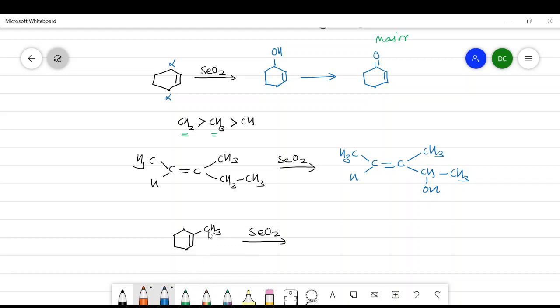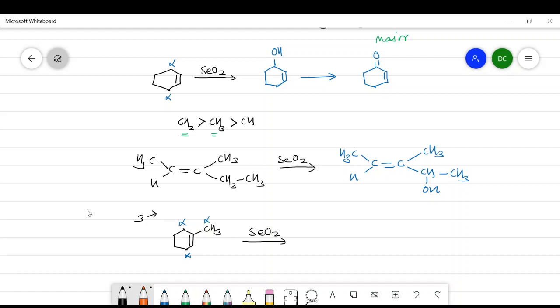Now, look at the allylic positions. Here there is a presence of CH3. Here there is a presence of allylic carbon, that is CH2. Then on this side there is a presence of allylic carbon or alpha carbon to this double bond. So there are three choices where oxidation can occur.